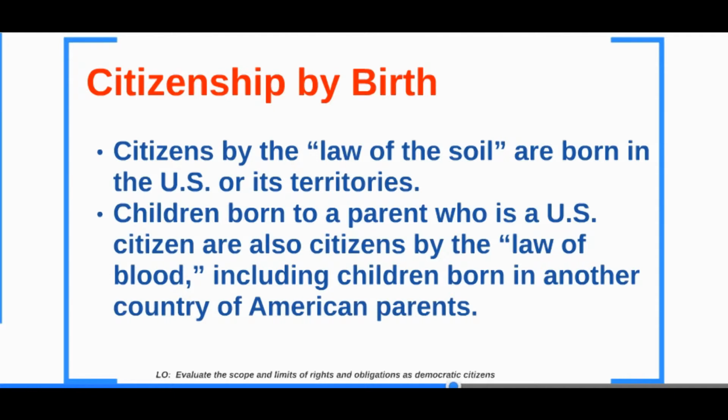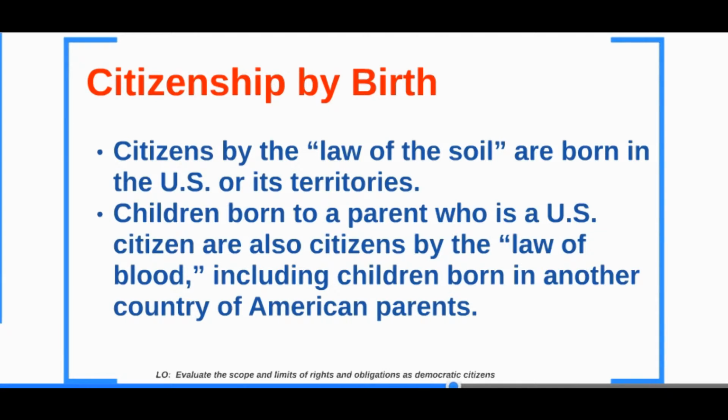Citizenship by birth. Citizens by the law of the soil are born in the United States or its territories. Children born to a parent who is a U.S. citizen are also citizens by the law of the blood, including children born in another country of American parents.